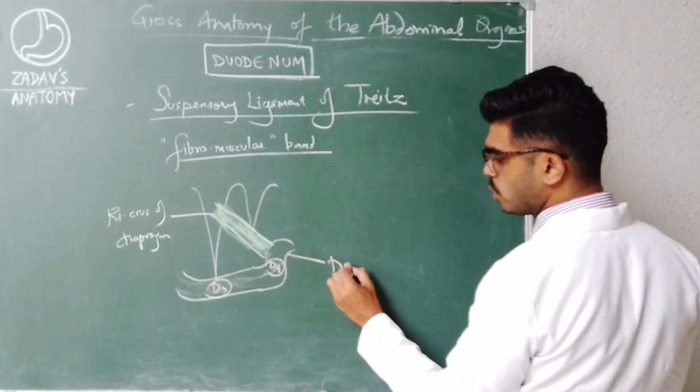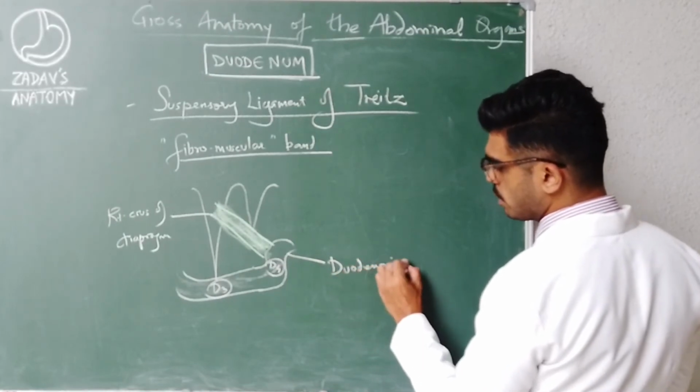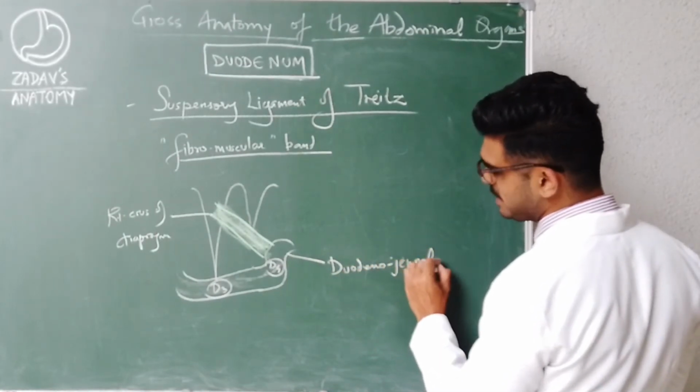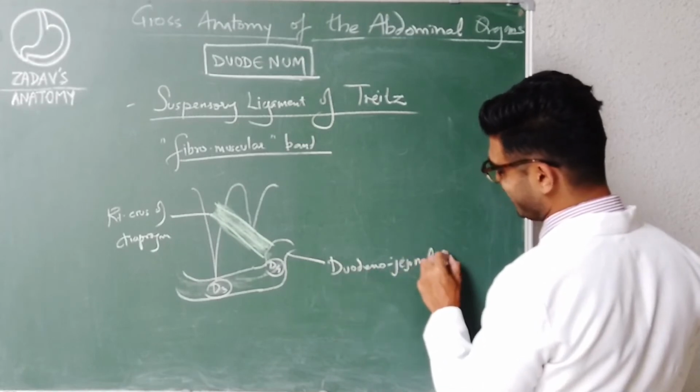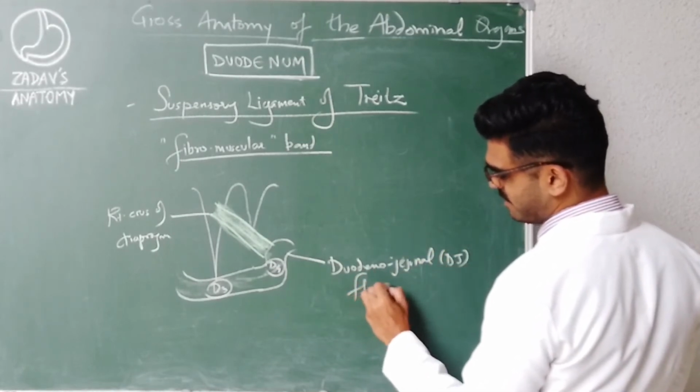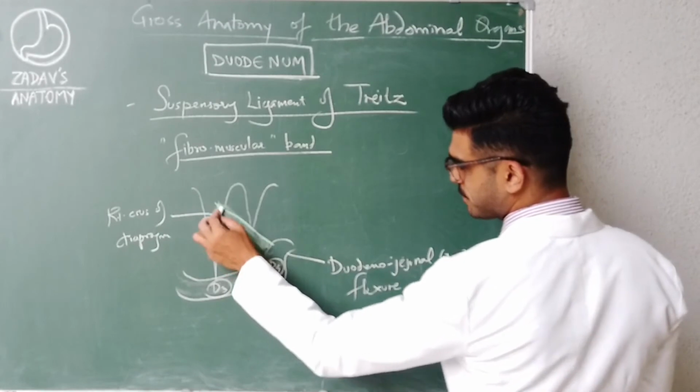the duodenojejunal, and henceforth I'm just going to call it DJ, flexure. See that?